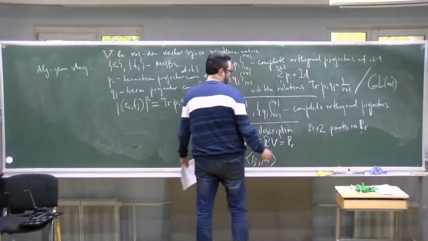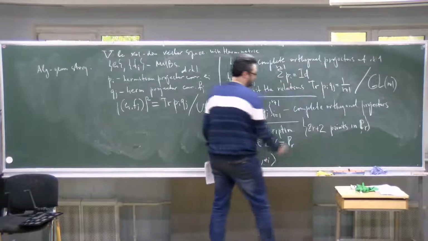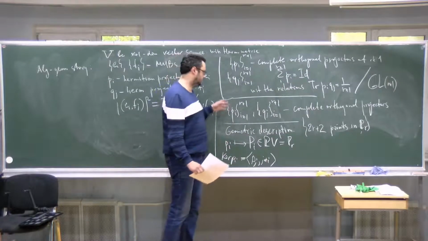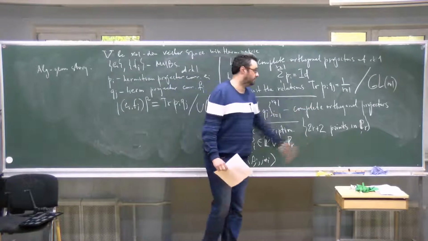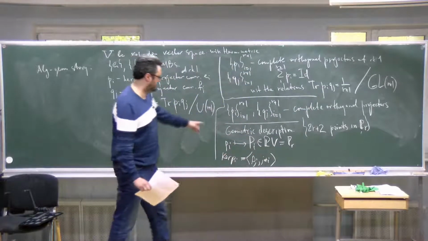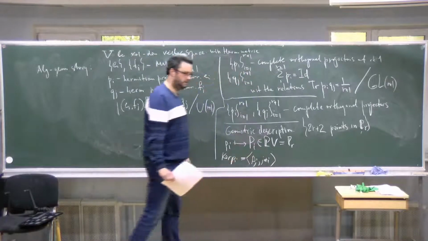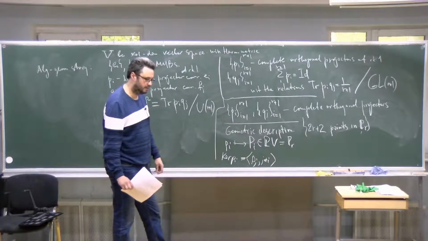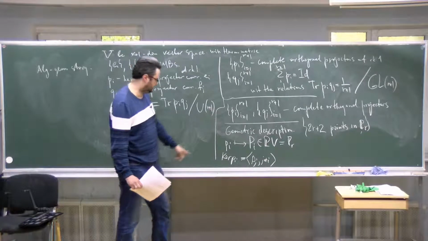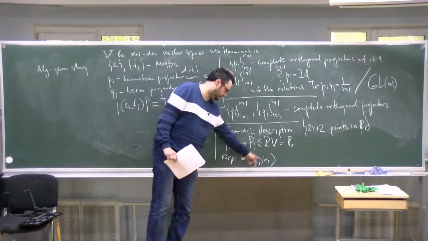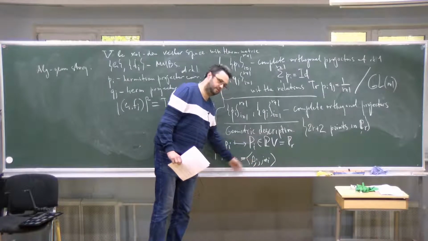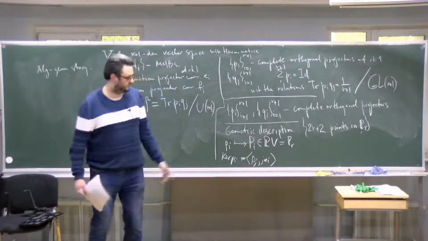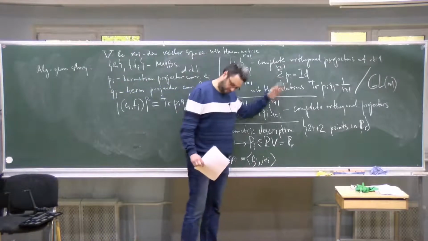So these sets of points define two complete sets of orthogonal projectors of rank 1 acting in V. And what is the condition that these projectors are orthogonal? That kernel Pi corresponds to the subspace generated by this one dimension. It means just a number. Yes, of course, it's important.